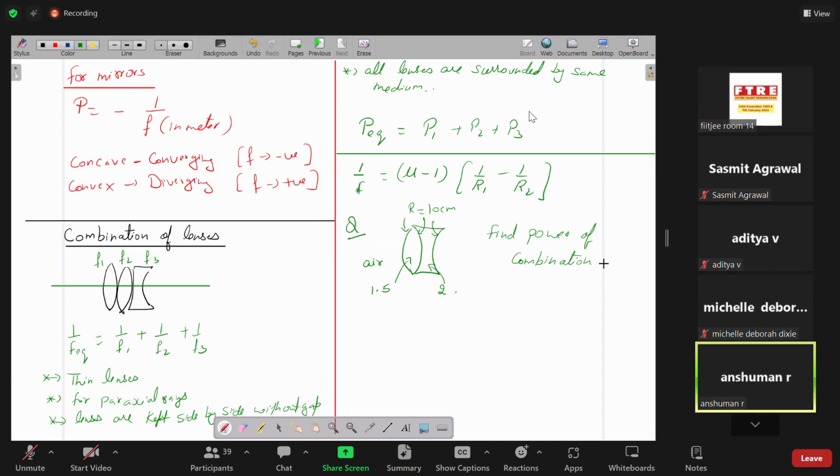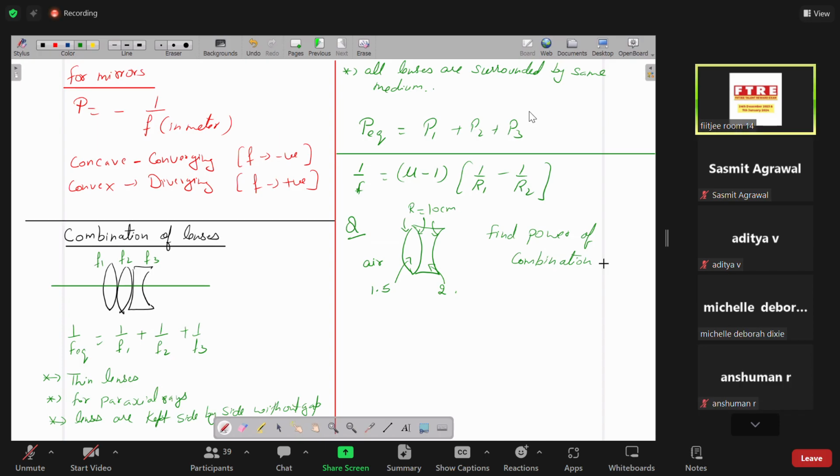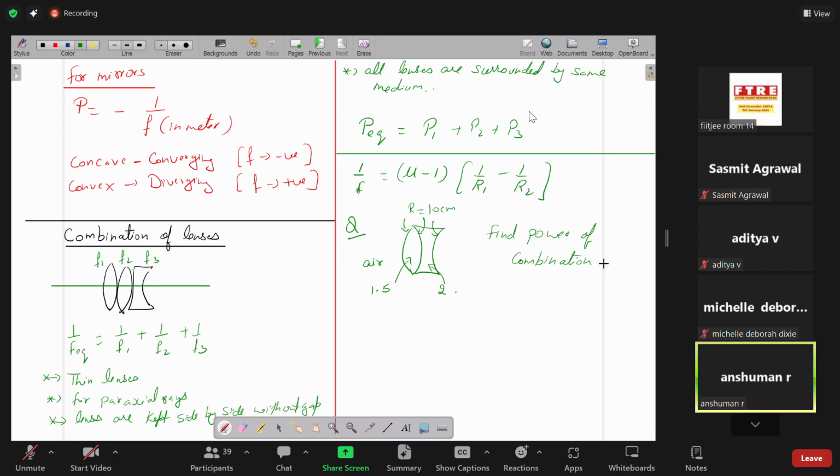Thirty diopter. You're getting 30 diopter. Have you converted centimeter into meter? Yes, ma'am. Ma'am, what do R1 and R2 stand for here?